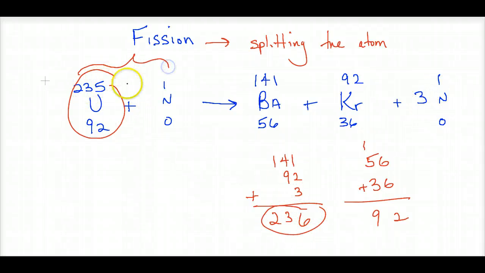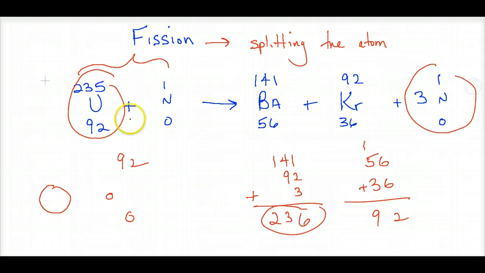Because 235 plus 1 is 236. 92 plus 0 is 92 on this side. These have to equal 92. But fission, again, splitting into smaller fragments, 3 more neutrons can find more fissionable big atoms. So large nuclei splitting into smaller fragments, and of course produce more neutrons. So it's a neutron plus a large, usually uranium, into fragments.